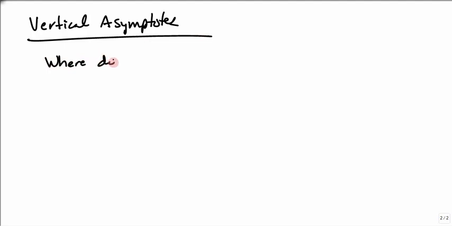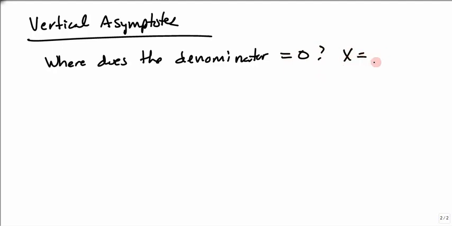Where does the denominator equal 0? Now when I find my vertical asymptotes, they're always x equal values. They're not going to be y equals, that's horizontal. X equal are my vertical asymptotes.